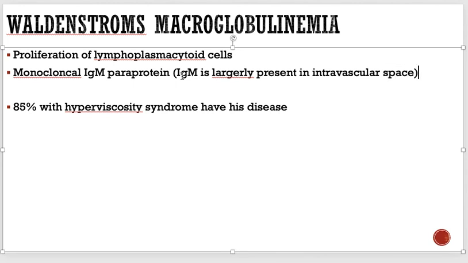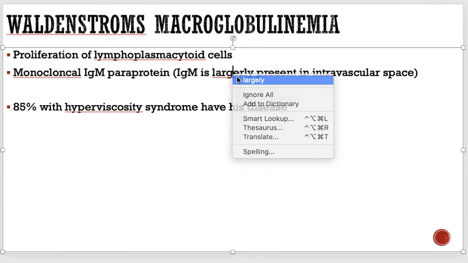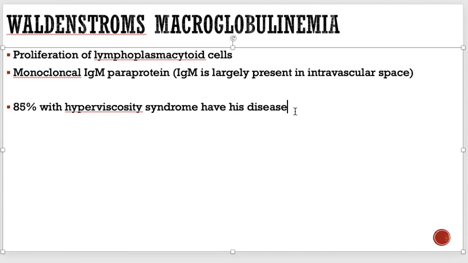So that's why these patients have hyperviscosity syndrome, right?